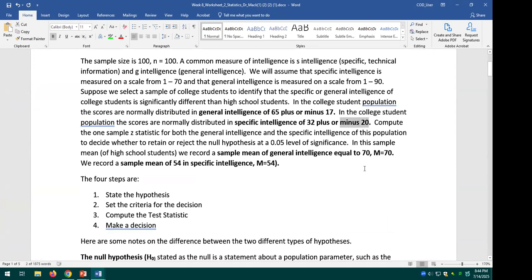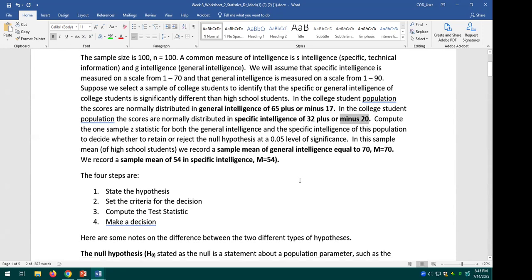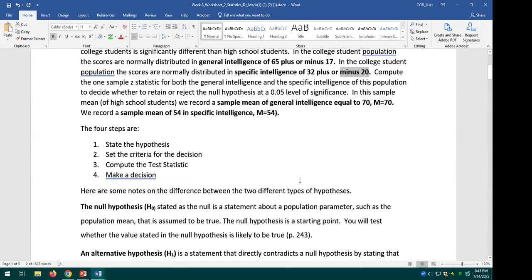So the standard error is the standard deviation, which happened to be 20, divided by the square root of whatever n is, which was 100. That's where that came from. So the standard error is 2. Does that make sense? The standard deviation divided by the square root of n.